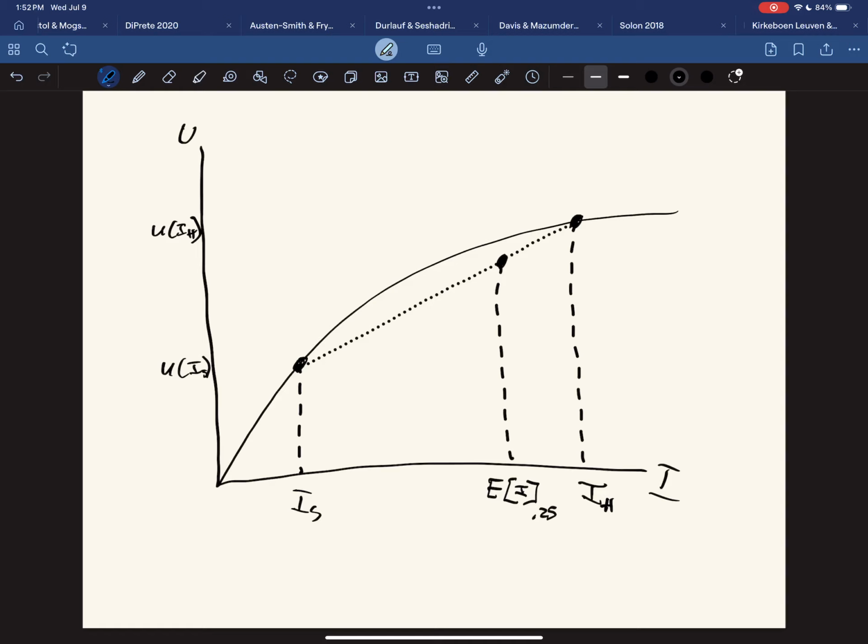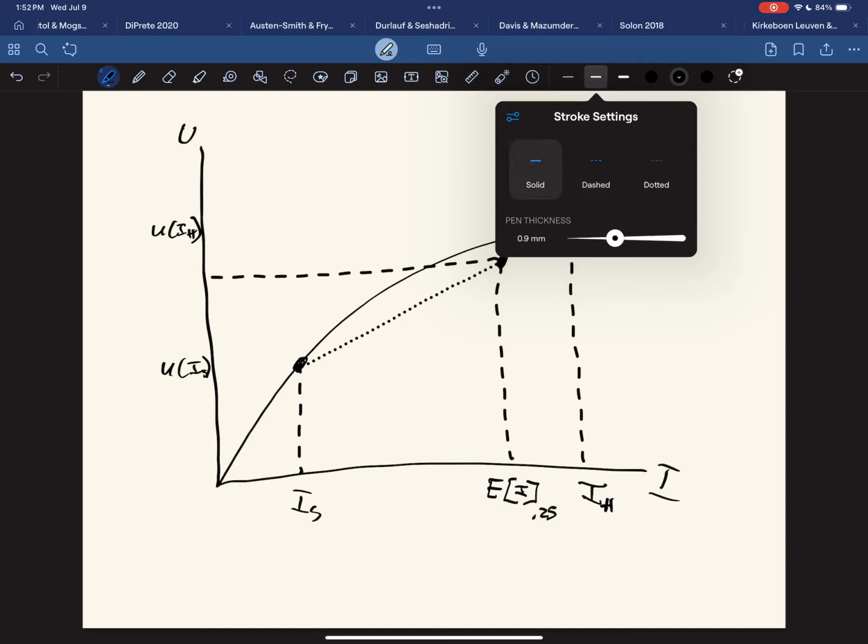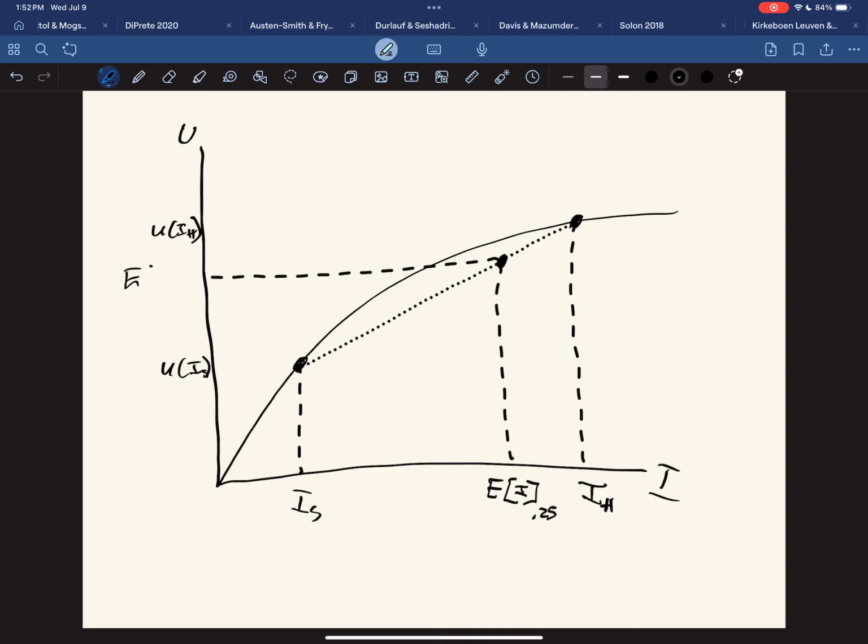And this dashed line is going to be my expected utility of income when P is 0.25. And then if there's a 75% chance I get sick, it's going to put me about here on the graph.